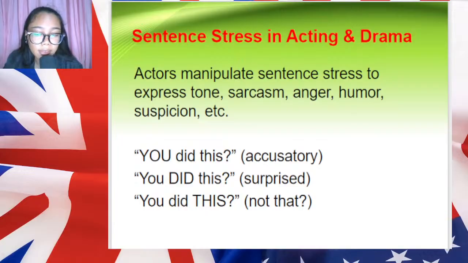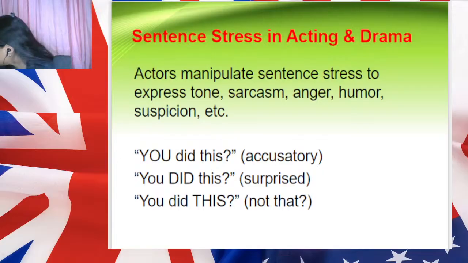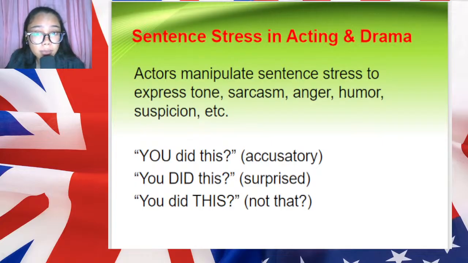Okay? The second is surprised. You did this. Again, you did this. So the stress moves to the word did, which is, of course, the verb. Now, it's not about who, but about whether the action really happened.